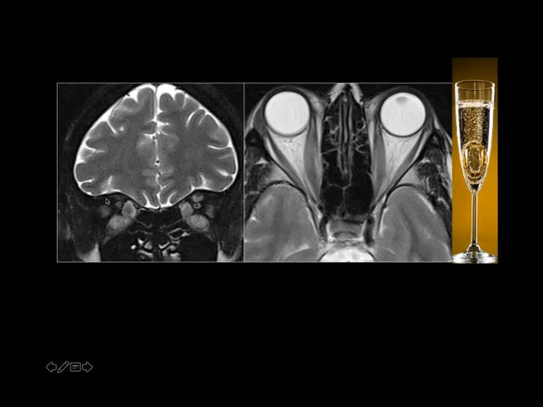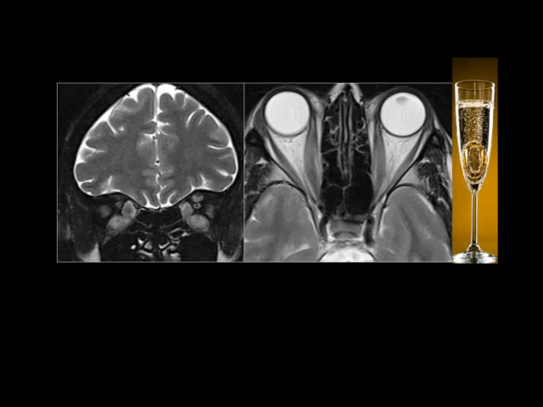Inferior oblique is below that; this is inferior rectus only. So medial and inferior. There is diffuse symmetrical enlargement on both sides.